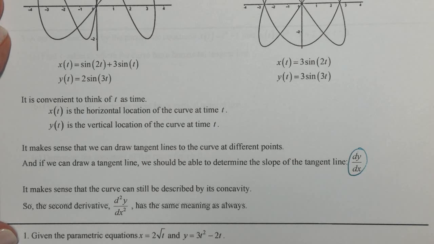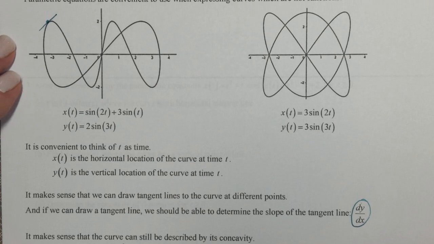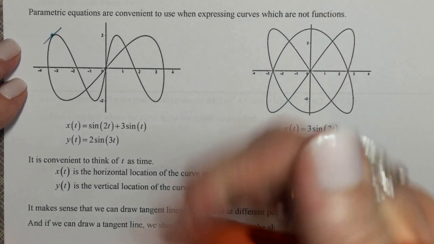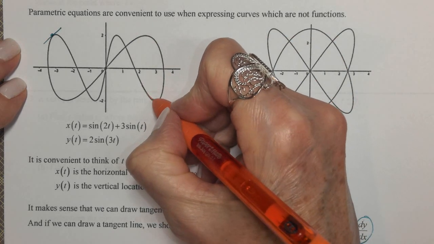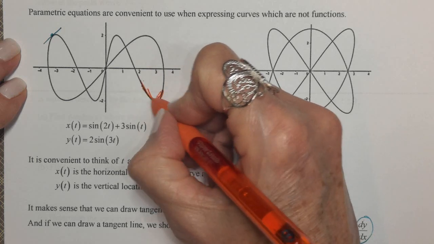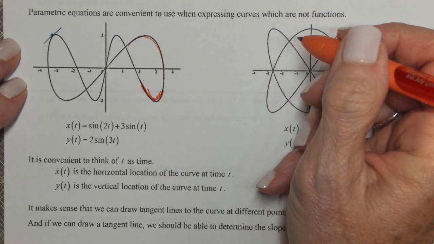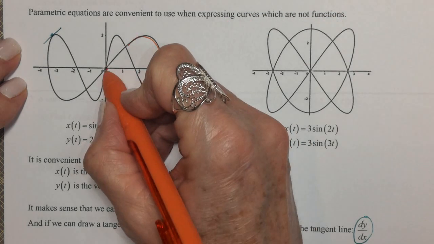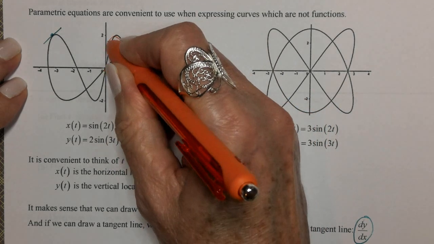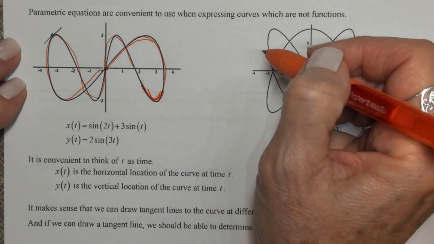It also makes sense that this curve has concavity and that we should be able to find out something about the concavity of the curve. So on this section, the curve is concave up. But at some point, the curve becomes concave down. So if this curve starts here, it might go like this and wrap around and then come back and start repeating itself.